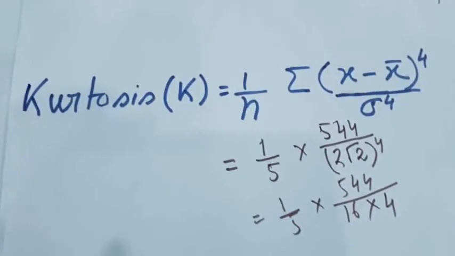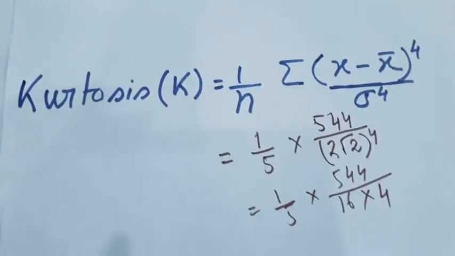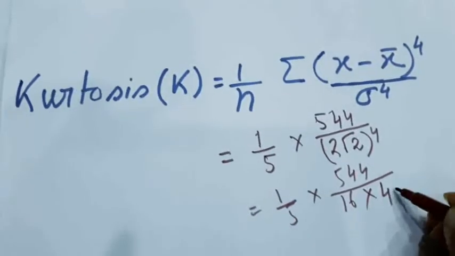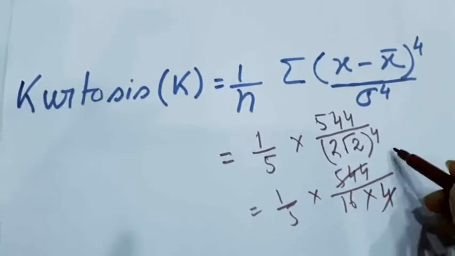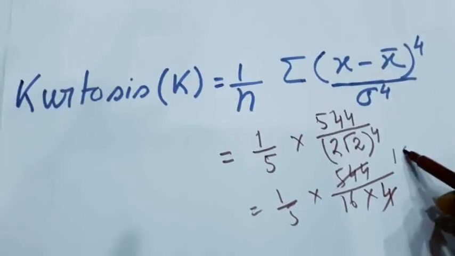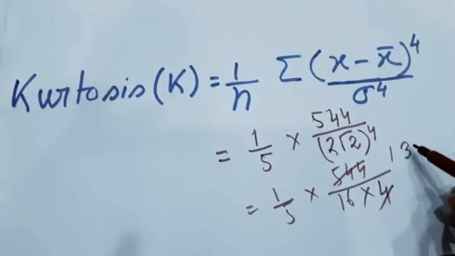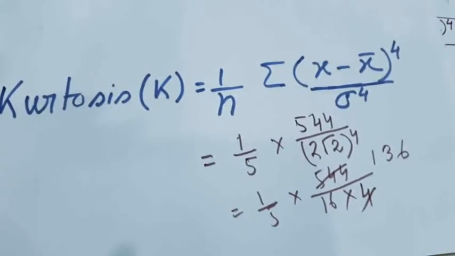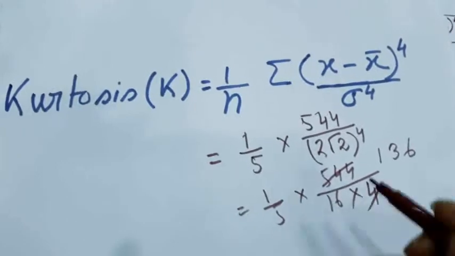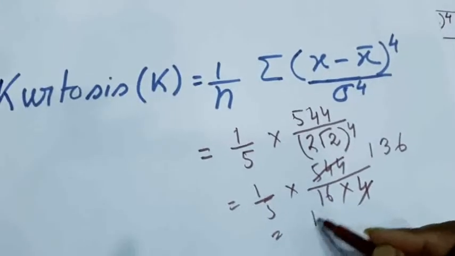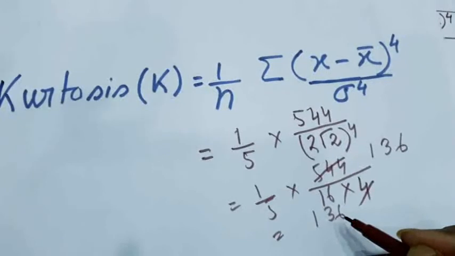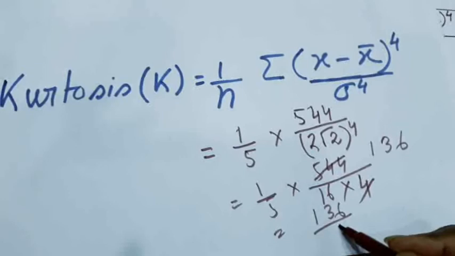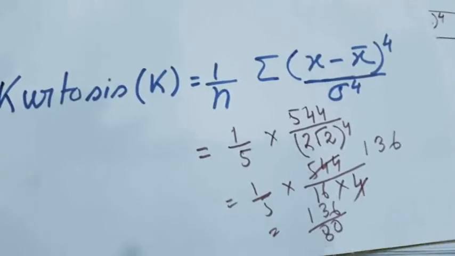Okay, now we will calculate 4 into 4. Okay, the result is 136 by 80.